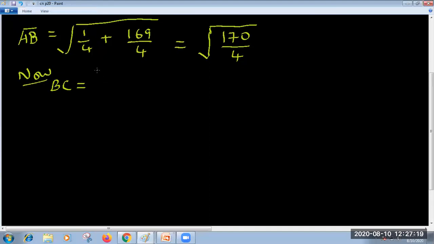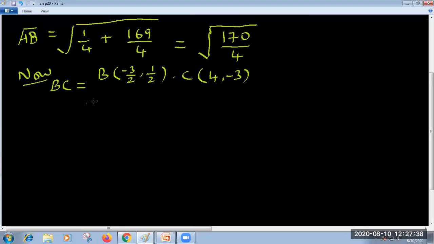If you want, you can write the points here. B is (-3/2, 1/2), C is (4, -3).